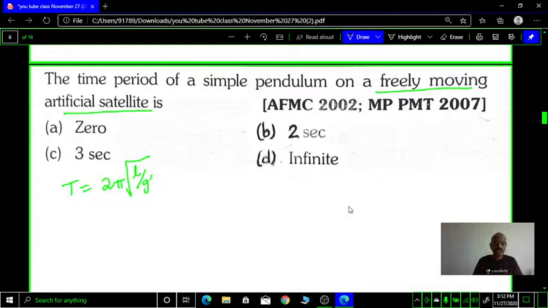Here take it as g dash, in an artificial satellite. On earth we take g; on an artificial satellite, take g dash. Now in the artificial satellite, what happened? Right, the man-made artificial satellite.